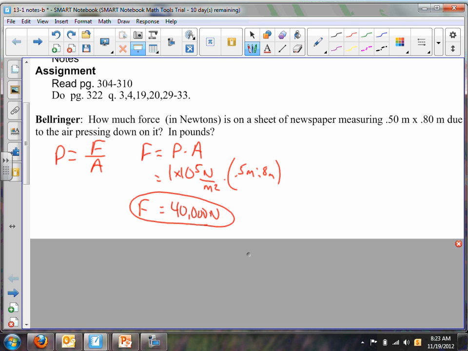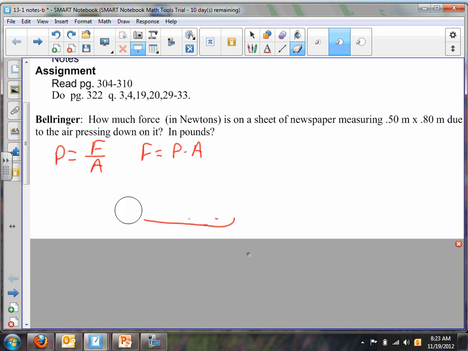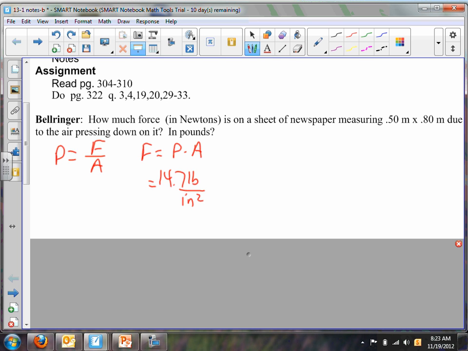The next part says, what is this force in pounds? Well, if we modify this, all we have to do is change our pressure units from newtons per square meter to 14.7 pounds per square inch, but that means my area has to be in square inches. So let's first convert our 0.5 meters and 0.8 meters to inches.